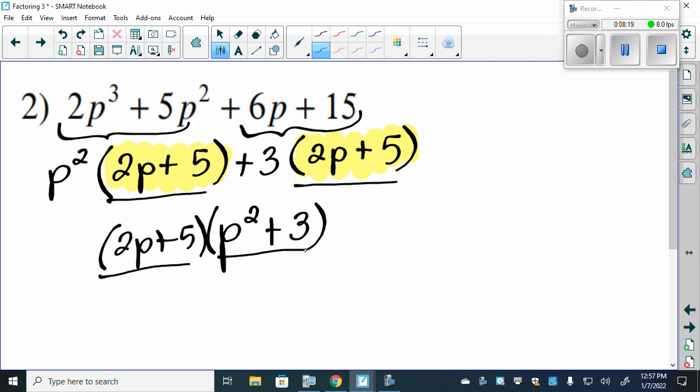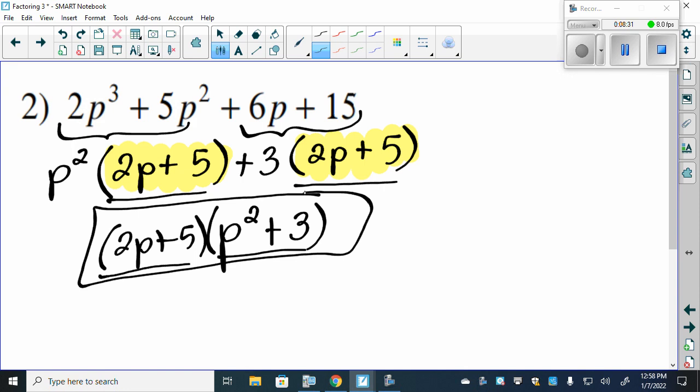Anytime there's a degree 2 or greater, we need to double check and make sure it can't go down any further. But for this here, p squared plus 3 is as simplified as it gets. Because if it had been p squared minus 4, that's a degree 2, and it actually can simplify by the difference of perfect squares. But this here is as simplified as it gets.